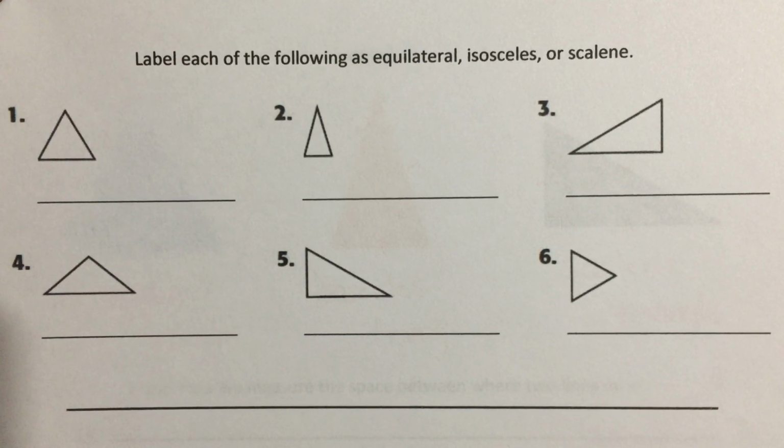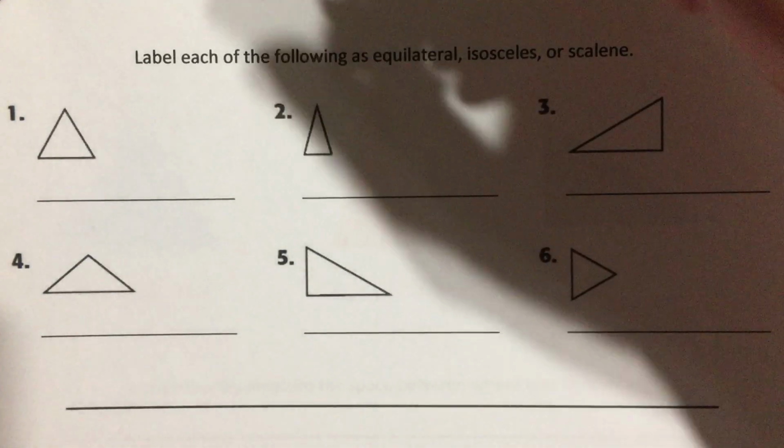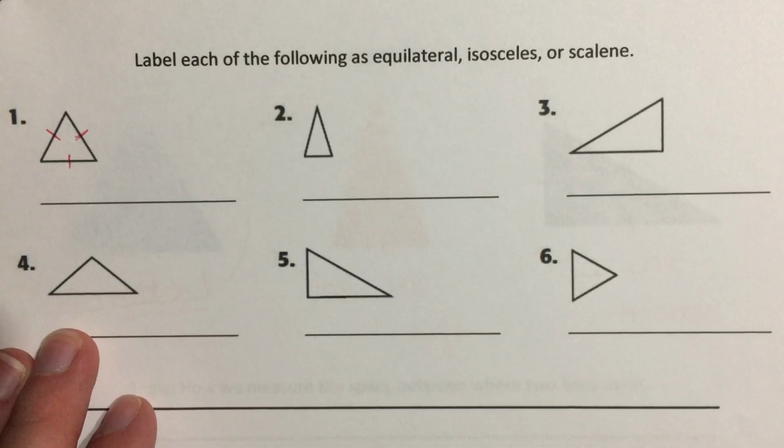And if you did pause, let's go ahead and go through these. Hopefully you took the chance to go through and look at them yourself. Now, they don't give us our lines, but just by looking at these pictures, we can pretty much tell what kind they are. I'm going to draw the dashes in for us. Number 1, we're going to assume that that one, and that one are all the same length.